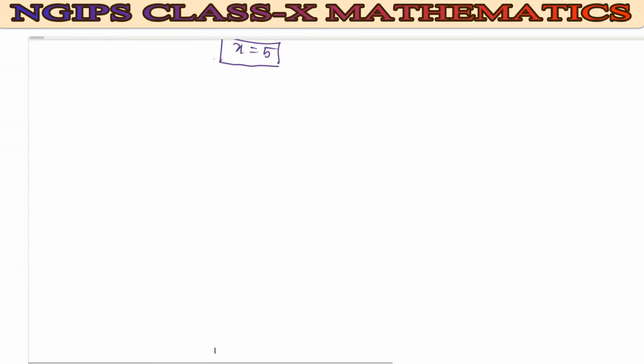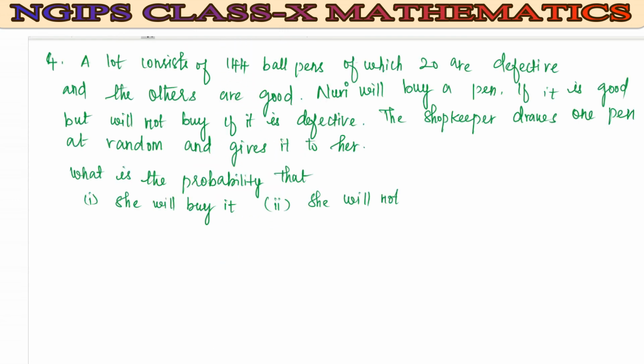Next we'll move to the next question. Now if you look at this, a lot consists of 144 ball pens. So here the total number of possibilities is 144, out of which 20 are defective, and the others are good. Just I will write the given condition.